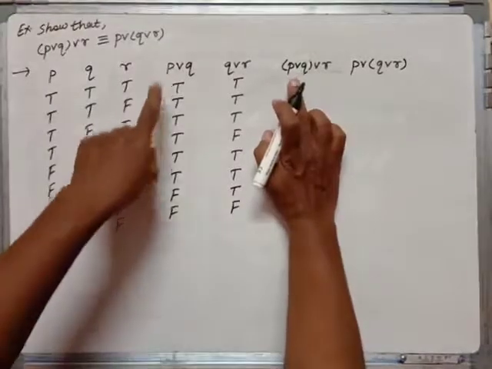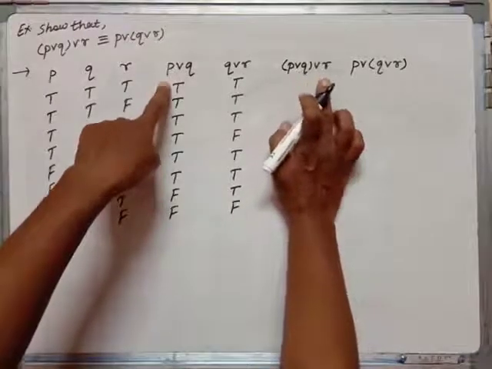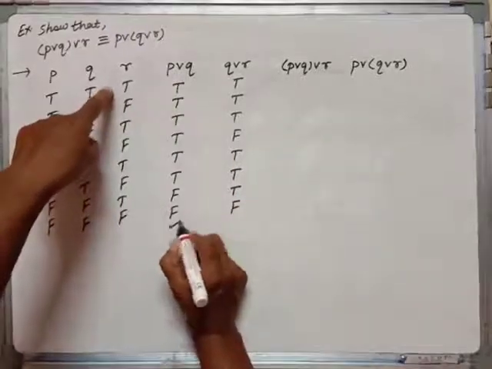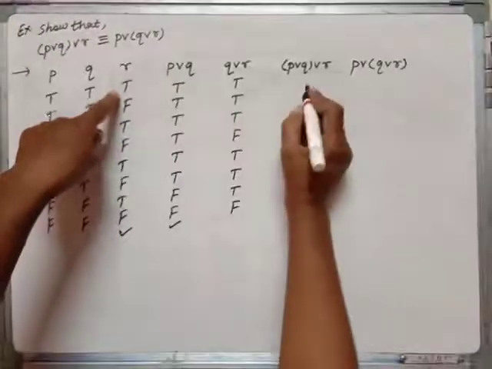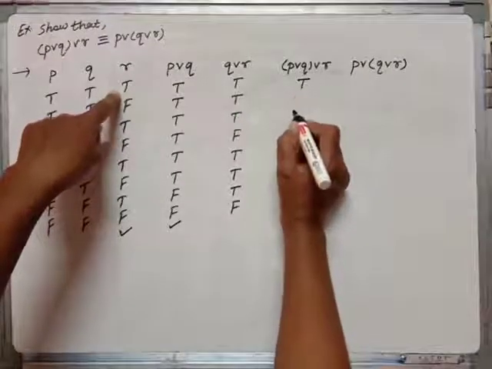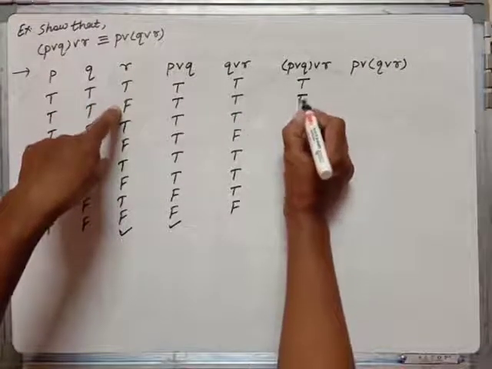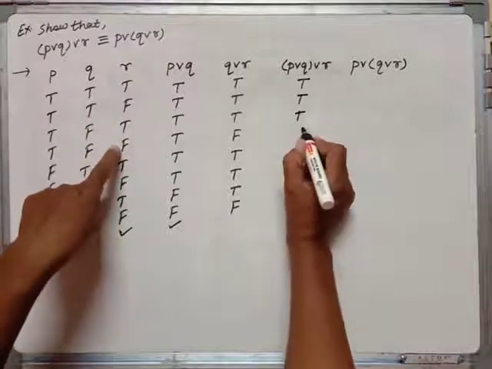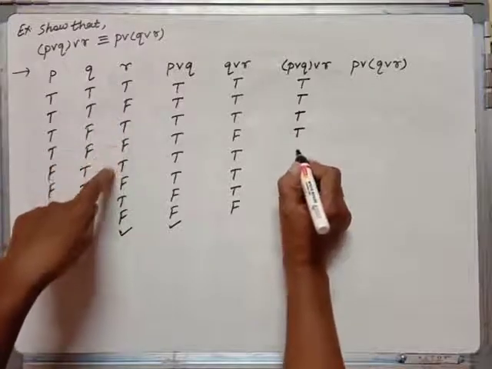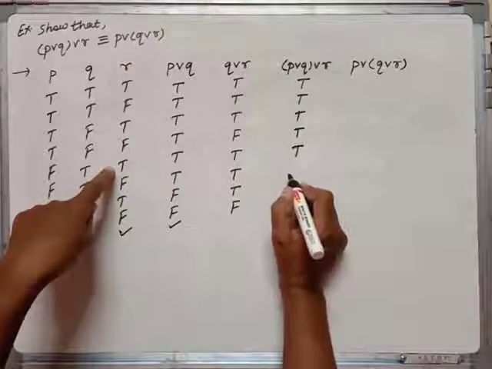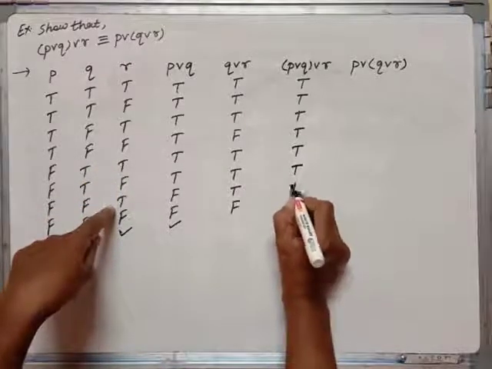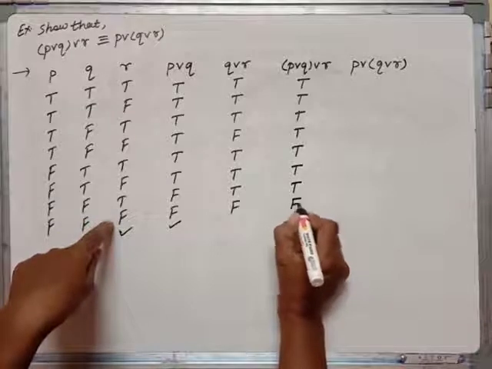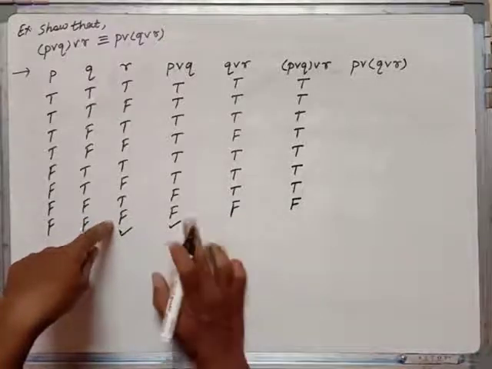Now (P or Q) or R means this and this one. If one of them is true, then true, otherwise false. True, here I get again true, true. So the fourth one true, fifth also gives true, sixth also gives true, seventh gives true, and the last one gives false. Okay.